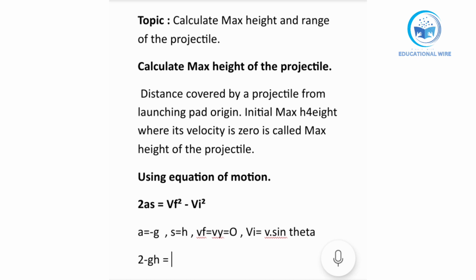Now vf square is 0, so 0 square remains 0 and we don't write it. After that we have minus vi square, minus (v sine theta) whole square.